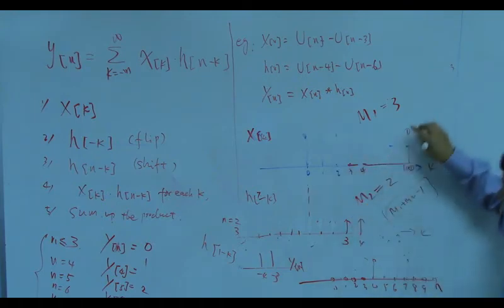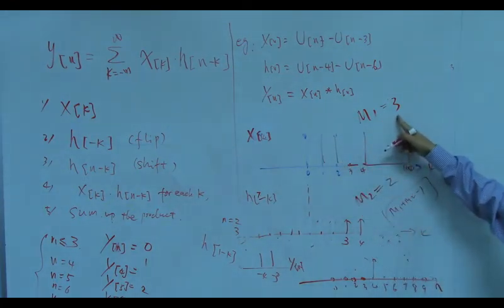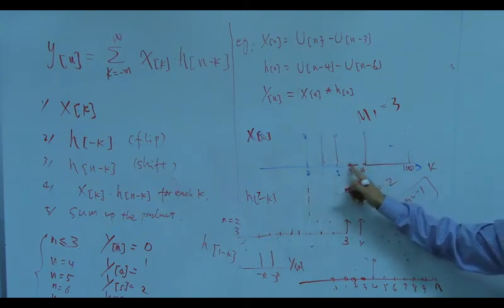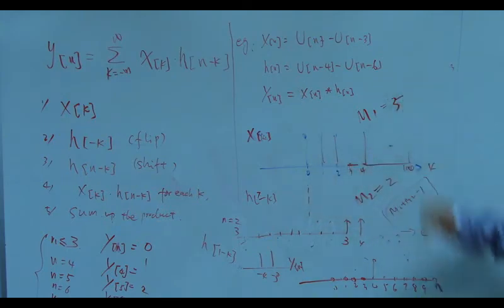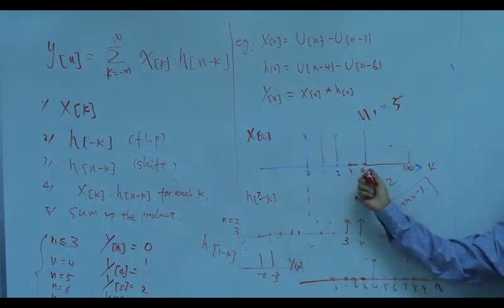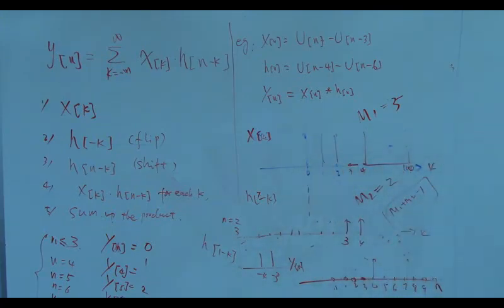You need to consider the zeros in between. So in our example, M1 equals not 4: 1, 2, 3, 4, not 4. We need to count this one, so it equals 5. It means from the first non-zero value to the last non-zero value, anything in between is counted, even if it's 0.